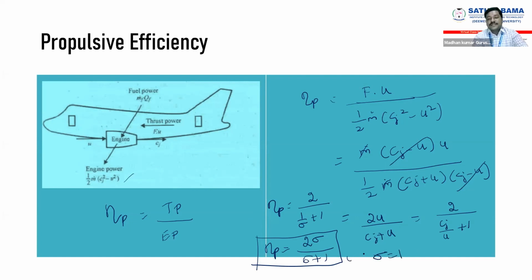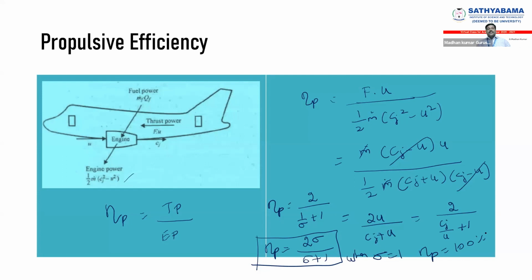Is it possible? No. When your jet engine thrust and jet velocity match, you will obtain zero thrust. So for the hypothetical zero thrust case, you are attaining the maximum propulsive efficiency.